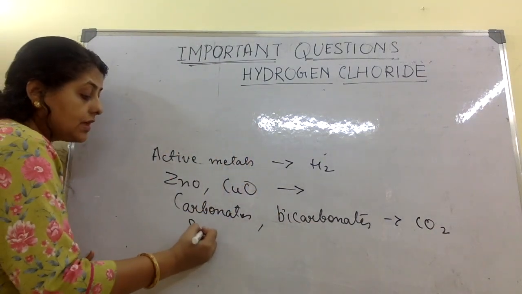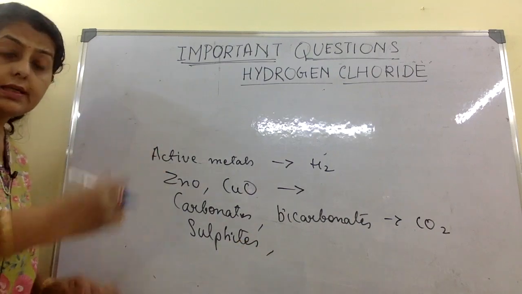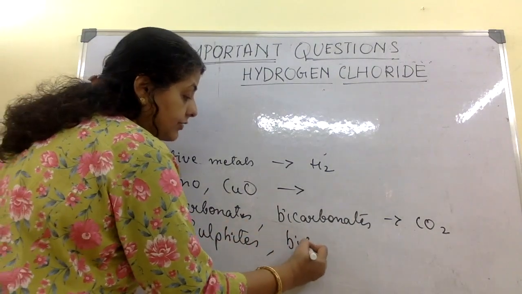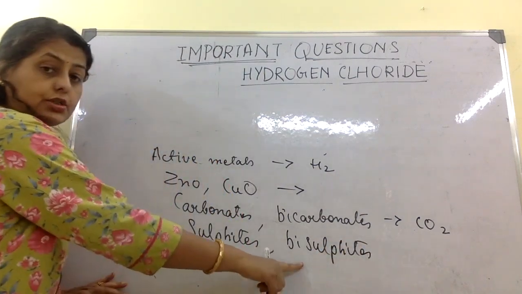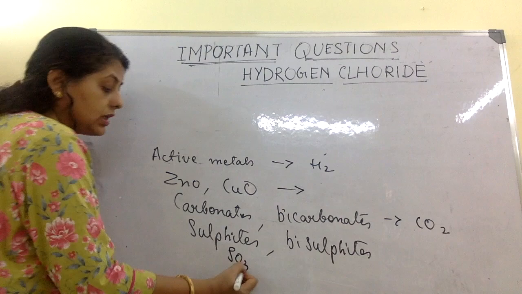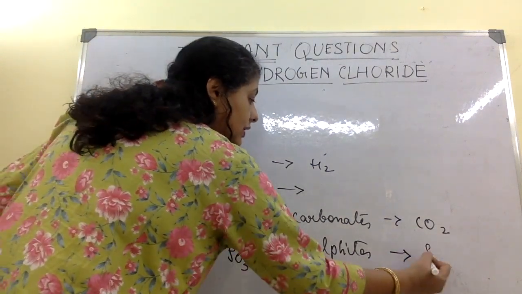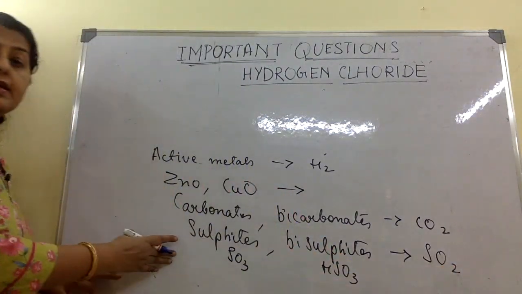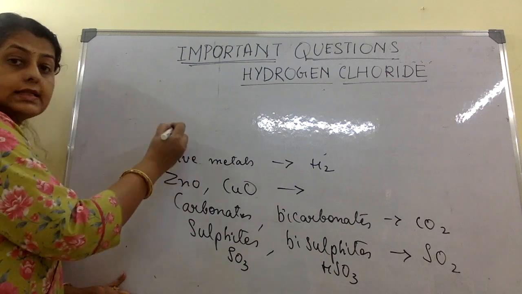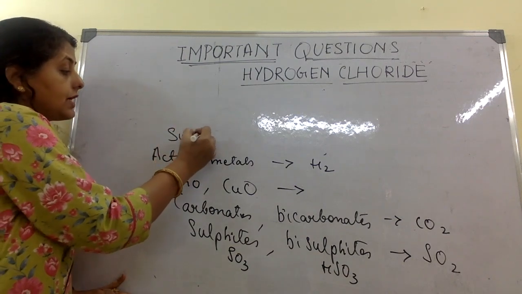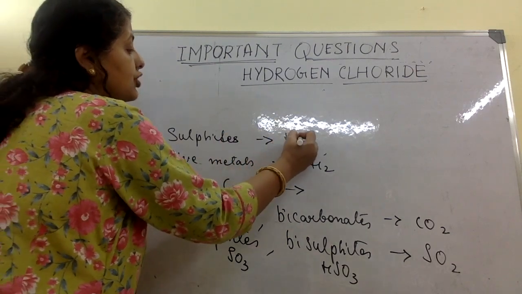Then you have sulphites and bisulphites, that is SO3 and HSO3 radicals, and they also give out a gas. You have to take a hint from these names. Next is sulphides. If it is a sulphide, it gives out H2S gas.